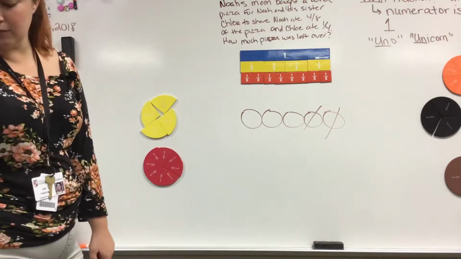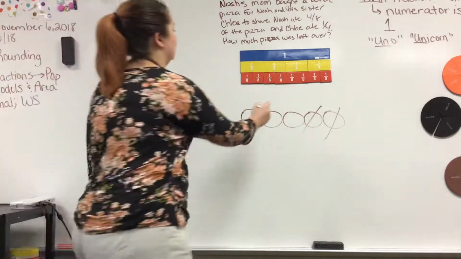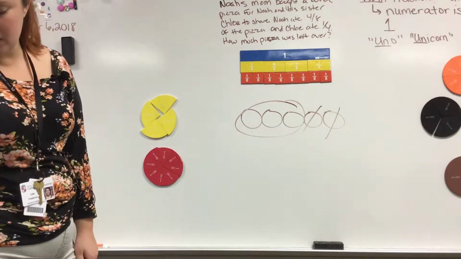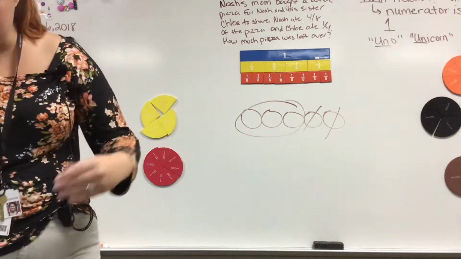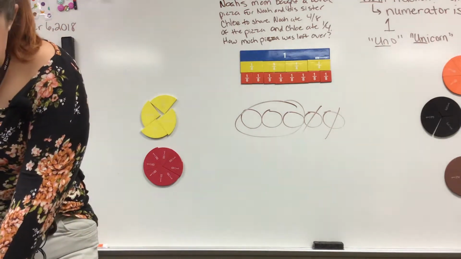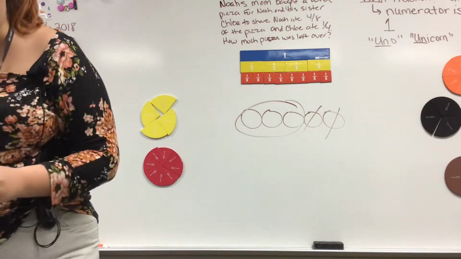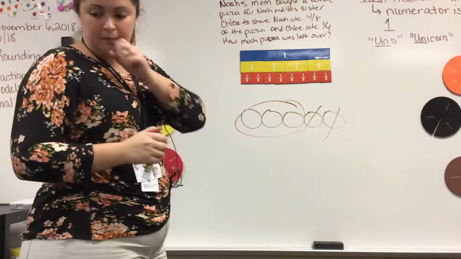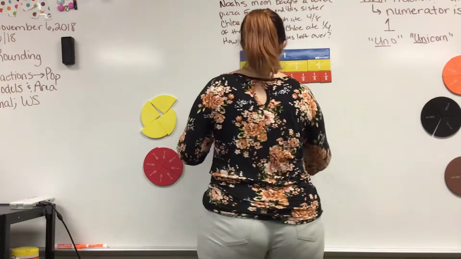I have 5 ones to start out, and then I'm taking 2 ones away, so then you have what you see here, 3 left over. When I am subtracting in this problem, I'm going to show you how we find the common unit, and then we're going to find the difference. All right, so this is how we are going to do that using the linear method.